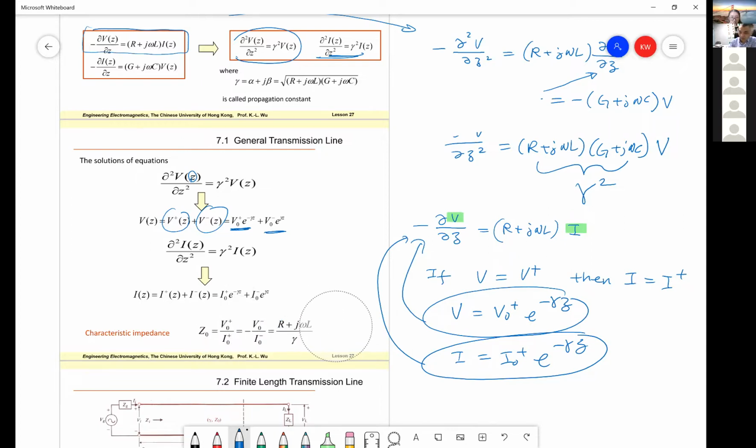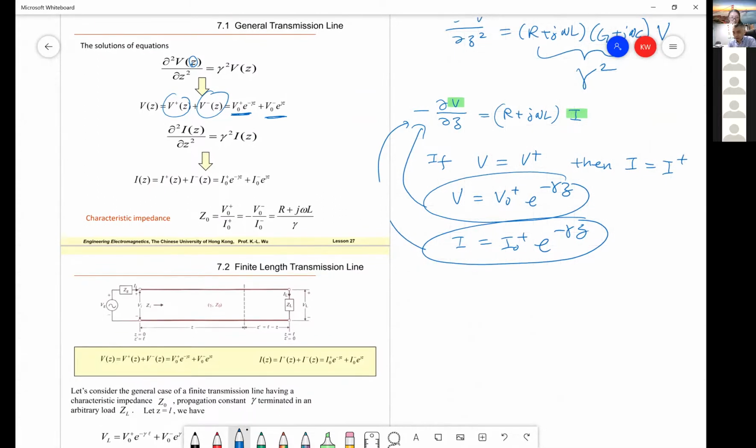Then, the other way around, if V equals V minus, then I equals I minus. That means V equals V0 minus e to the plus gamma z, and I equals I0 minus e to the plus gamma z.